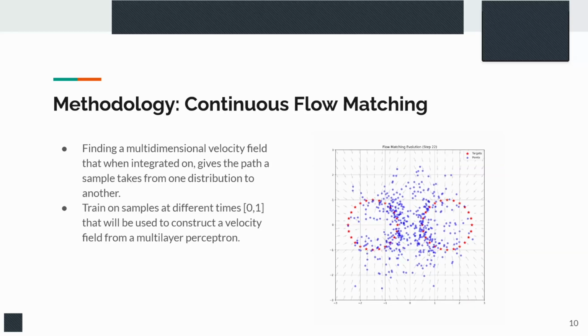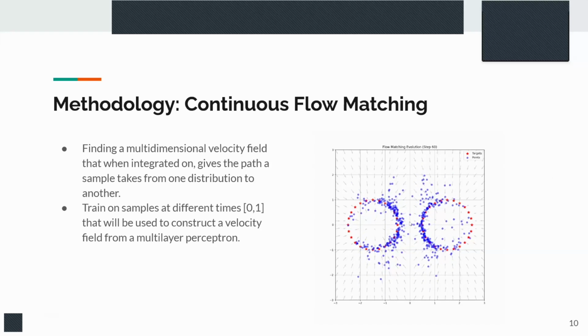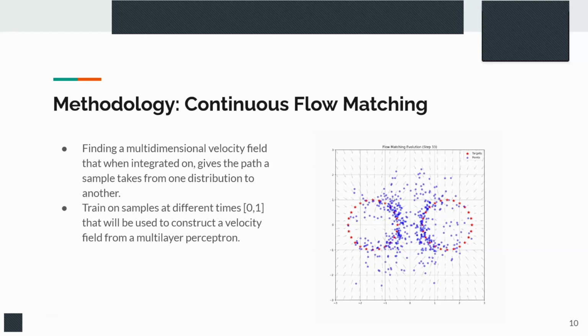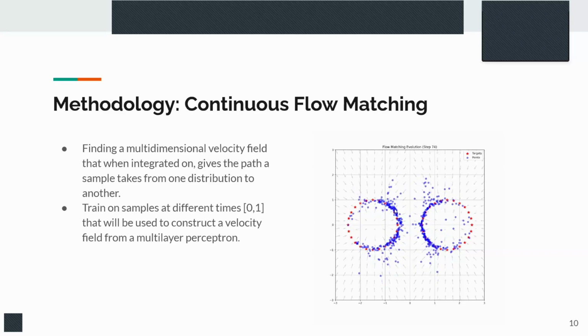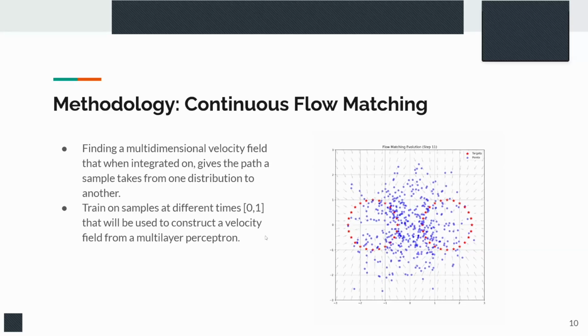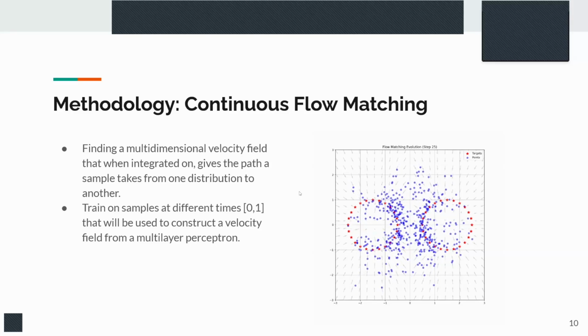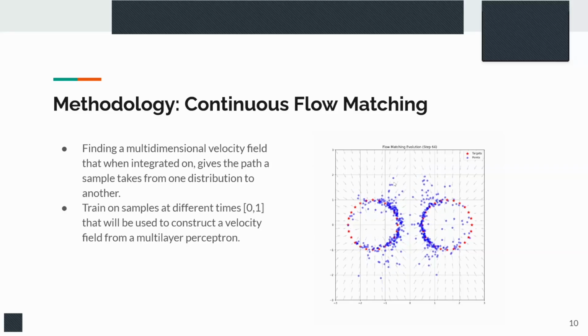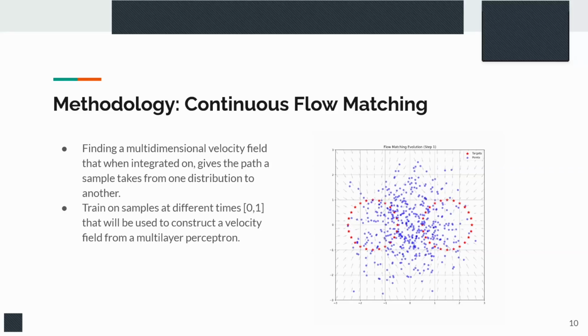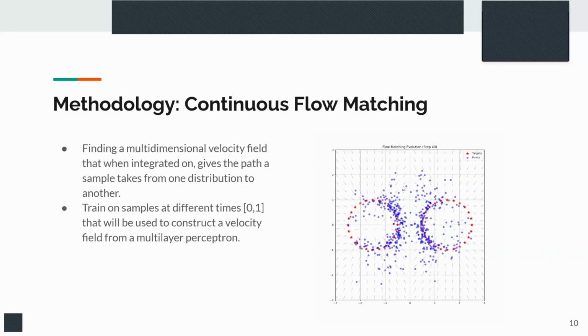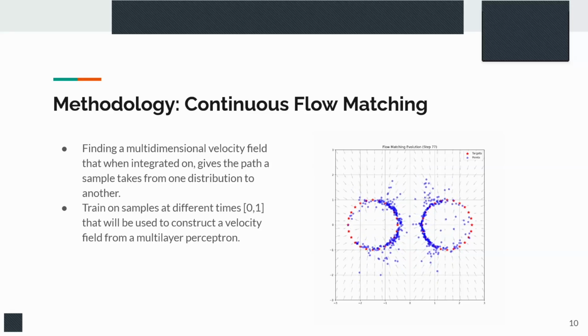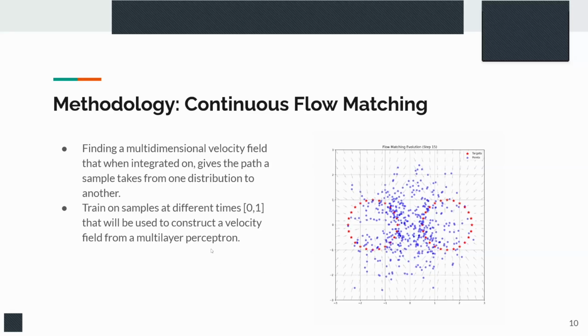We start out with some randomly scattered distribution, and these points can just flow along our velocity field to another distribution. We train on samples at different times, from 0 to 1, 0 being the original distribution and 1 the final distribution. We just learn this velocity field and then integrate over it.